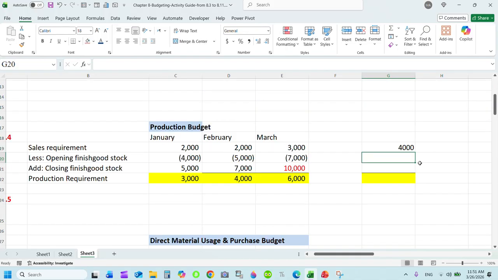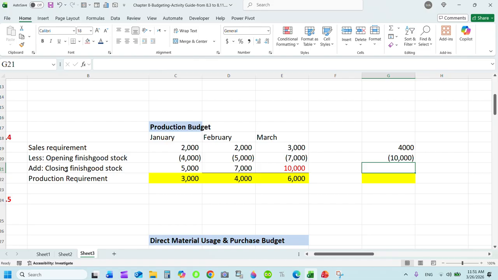April month closing stock. April month open stock should be equal to the closing stock of this one.